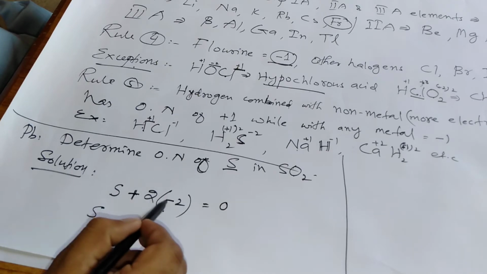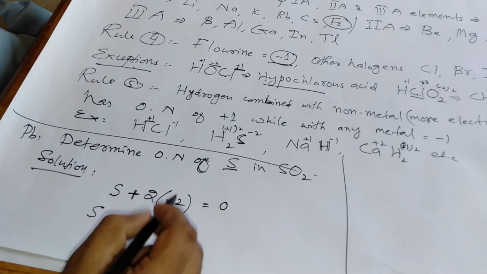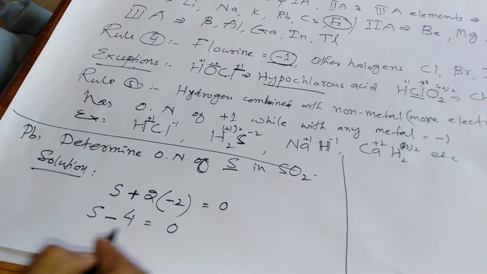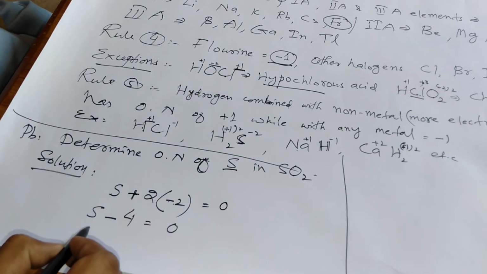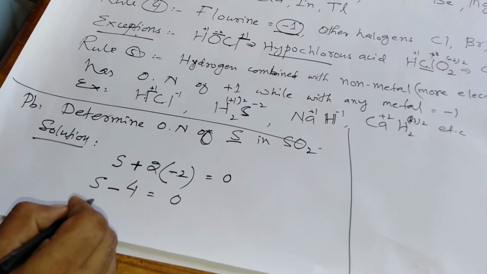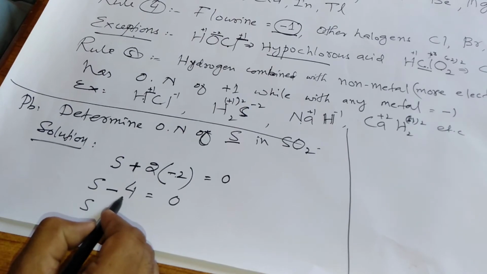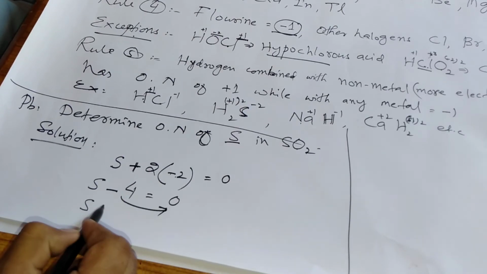Plus into minus, it will be -2 times 2, which is -4, equal to 0. Now to determine the oxidation number of sulfur, we will move this -4 to the 0 side.